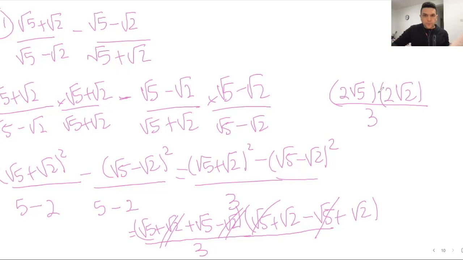And then this simplifies to 4 times the square root of 10 divided by 3. And that's it. 10 cannot be simplified any further. 5 and 2, that's not going to help us simplify that surd. So that's it, right? Okay, long one, right?